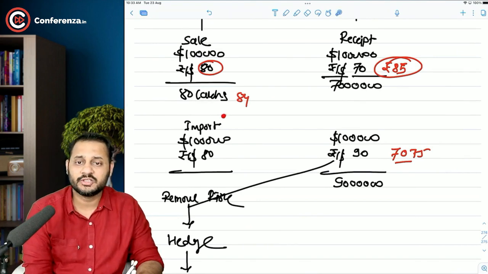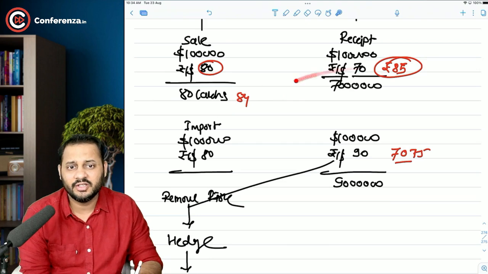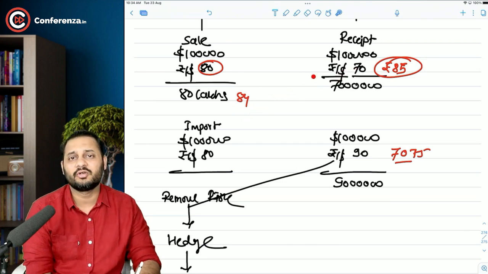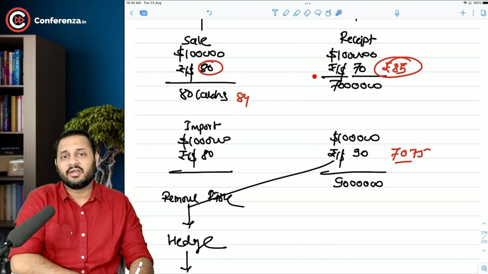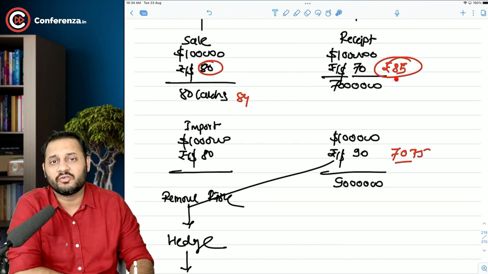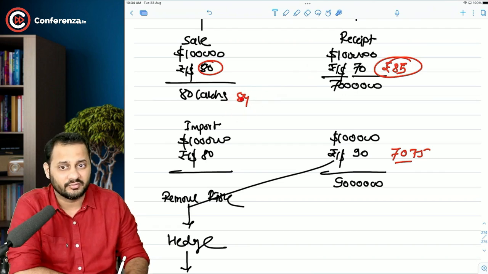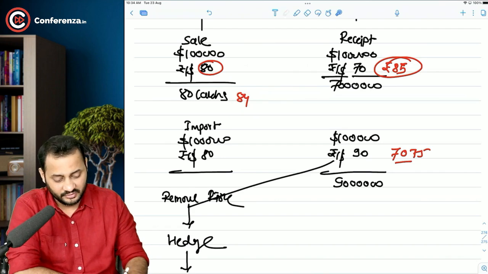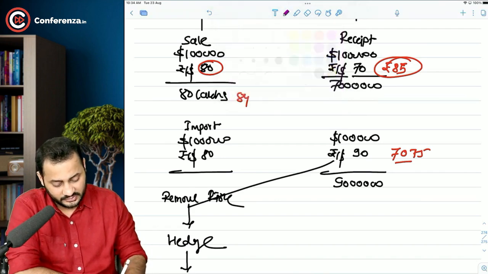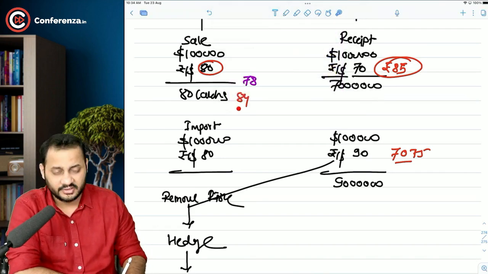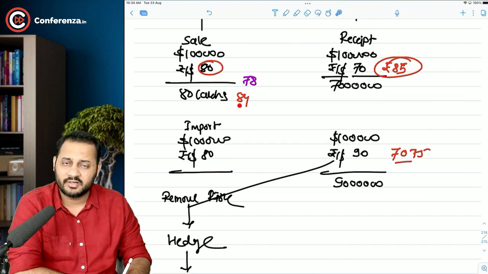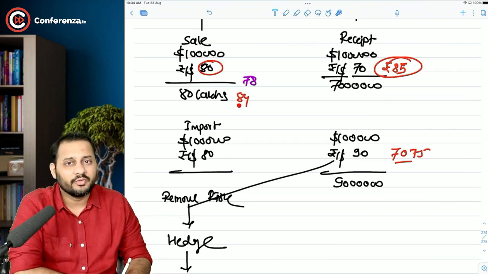In this case also it's better to hedge, because there is only 1 rupee of difference, and it's not good to take the risk and keep the position open just for 1 rupee. When you can remove the risk and hedge yourself at 84, that means this forward rate is very attractive. Instead of a forward rate of 78, isn't 84 rupees very attractive? Yes. So at that time you are going to do the hedging.